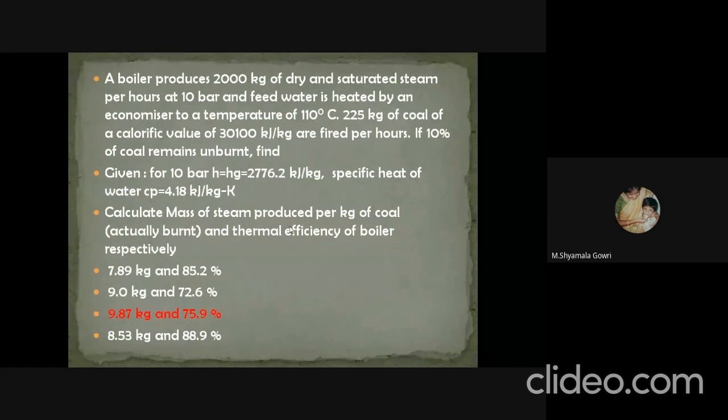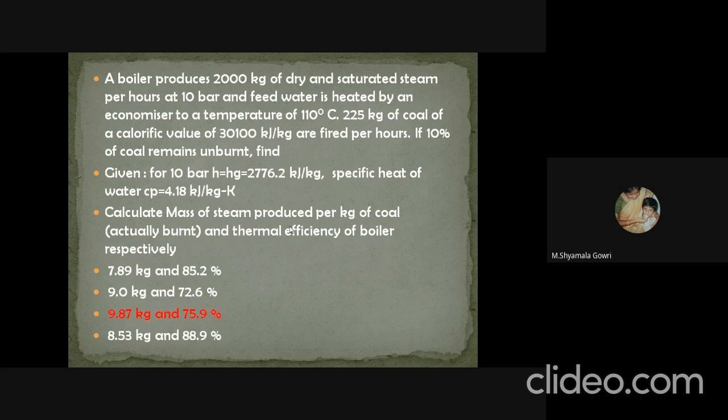Next question, a boiler produces 2000 kg of dry and saturated steam per hour at 10 bar, and feed water is heated by an economizer to a temperature of 110 degrees Celsius. 225 kg of coal of calorific value 30,100 kJ per kg is fired per hour.